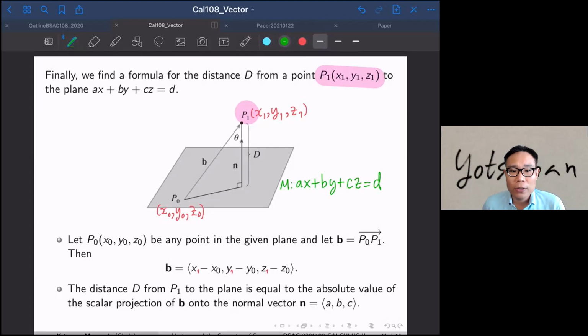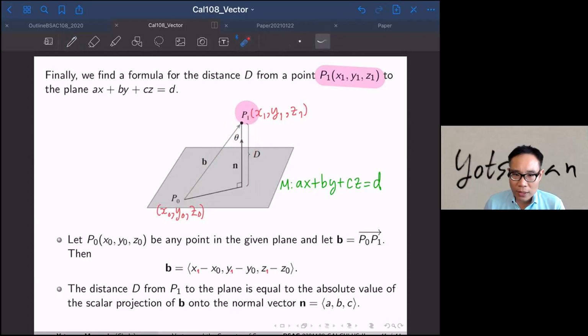For finding the distance, you can find the vector P0P1. This is kind of a long vector, and you'd like to find the distance here.